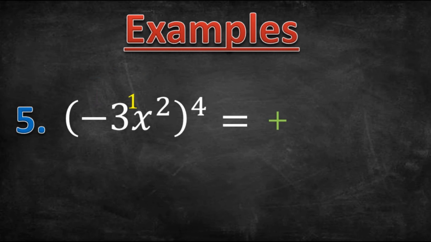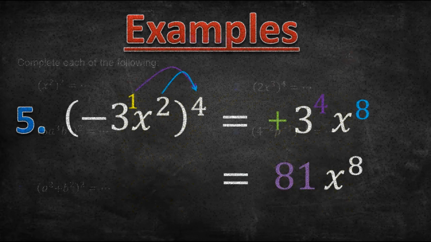So multiplying the 1 by 4 outside the brackets, we get 3 to the 4. Lastly, we can deal with the x. We can multiply the power of x by 4 and we get x to the 8. Then 3 to the 4, of course, is 81.